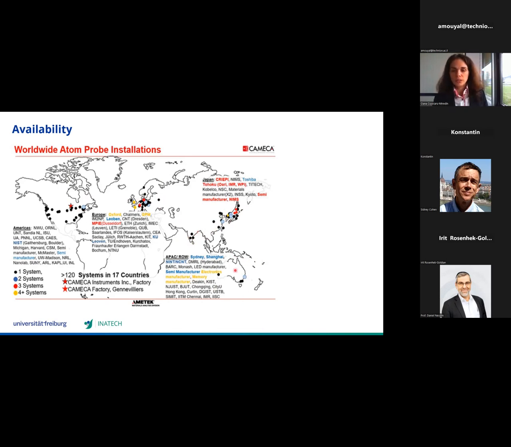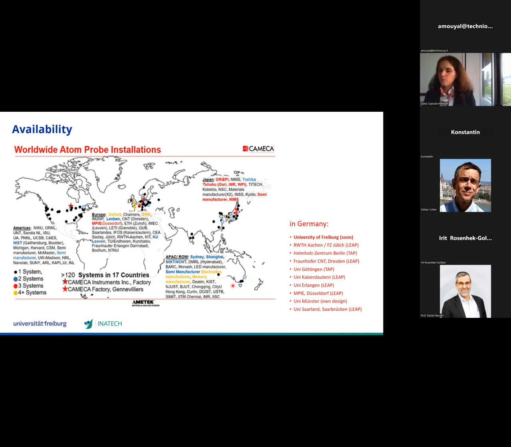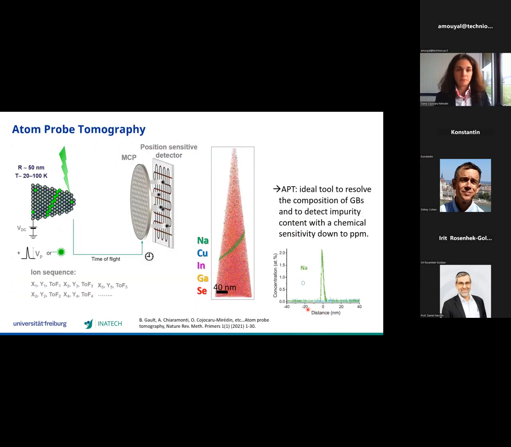In Australia also there are a few setups, and the availability of these setups is going to increase more and more worldwide. If we look at Germany, there are several universities, mainly the biggest universities, that have an atom probe available. This is also the case of the University of Freiburg, where I'm sitting nowadays, and I'm going to receive soon a LEAP 5000 system.